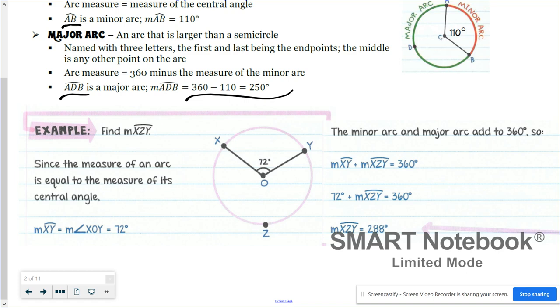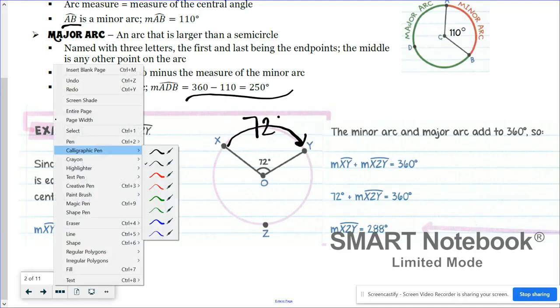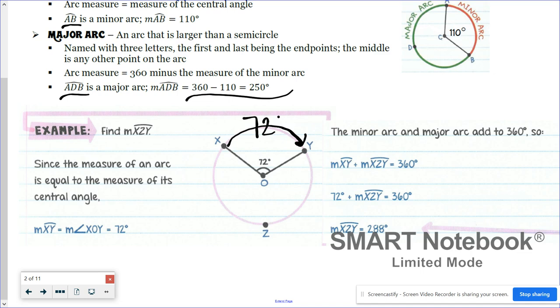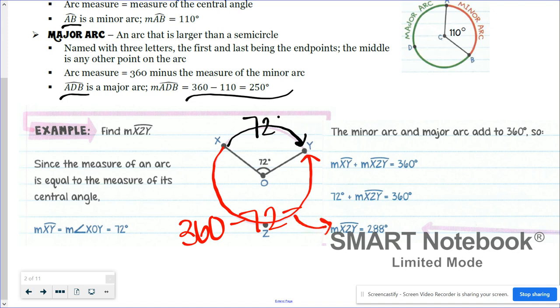In this diagram, I note that arc XY has the same measure as its corresponding central angle, so it would be 72 degrees, which means the measure of the remaining major arc, arc XZY, would be 360, because that's the whole circle, minus 72. So it would be 288, and that's what they've got here.